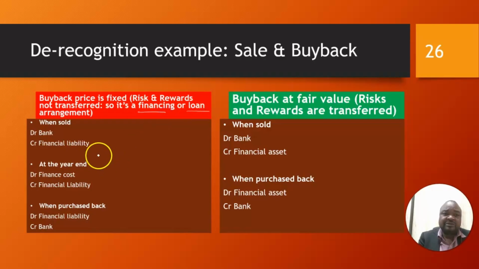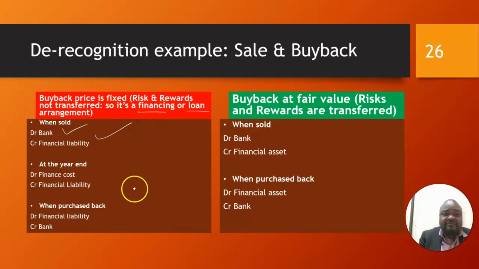So what do you have to do? You need to debit the bank because you have received cash, but the sale is creating a liability because all the risks and rewards associated with those assets are still borne by you. They're not transferred. So you debit bank and credit financial liability.